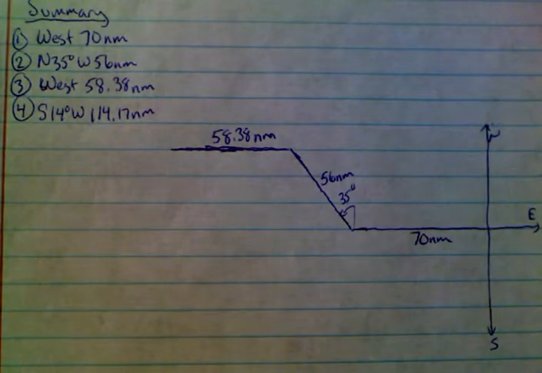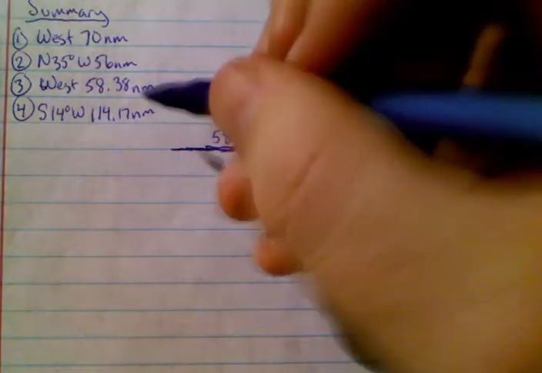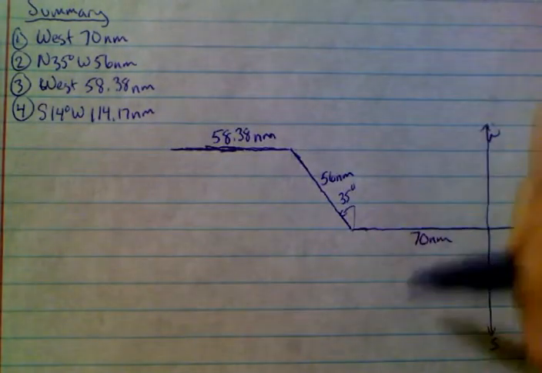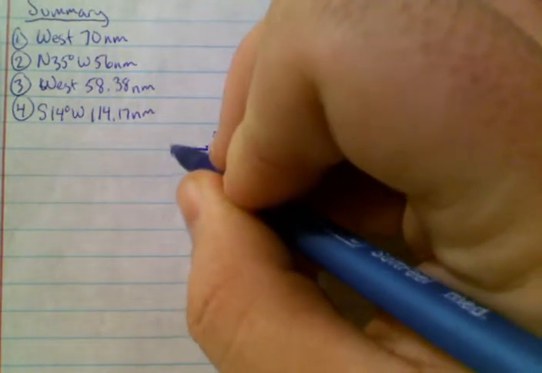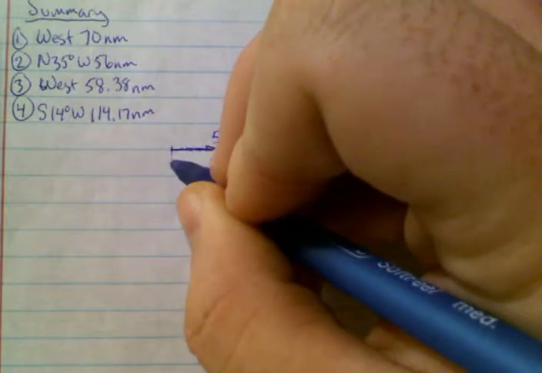And then my final part of the problem is this south 14 degrees west for 114.17 nautical miles. So that's pretty far. It's going to put me into the south part here. So I'm going to go south, just like we've done before, from this point right here, south 14 degrees west. I'm going to exaggerate this angle a little bit just so you can see it.